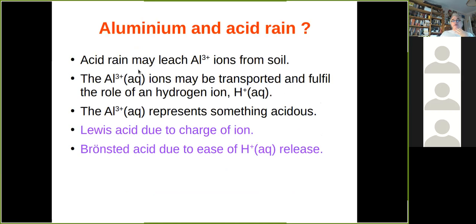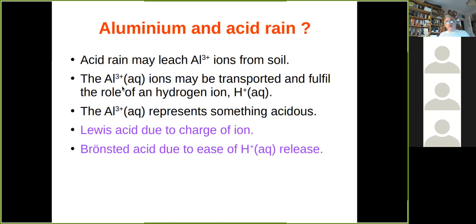Acid rain can leach aluminum ions from soil, or whatever type of soil this is, whether clay soil or humus soil, it doesn't really matter. There is a lot of aluminum available in the environment. I think several percent of the ground is composed of aluminum.